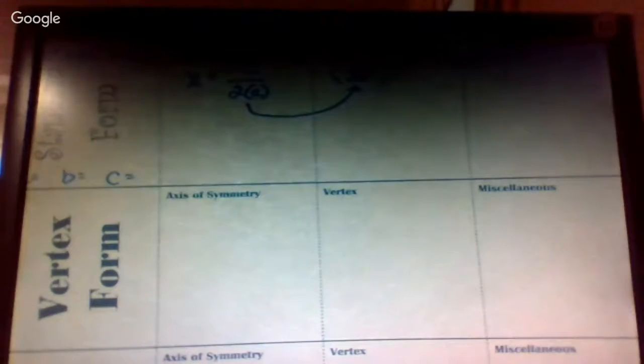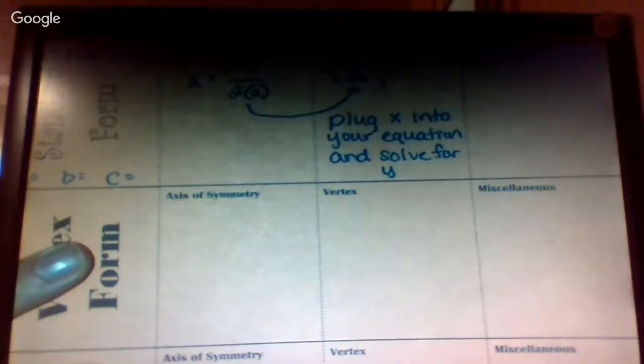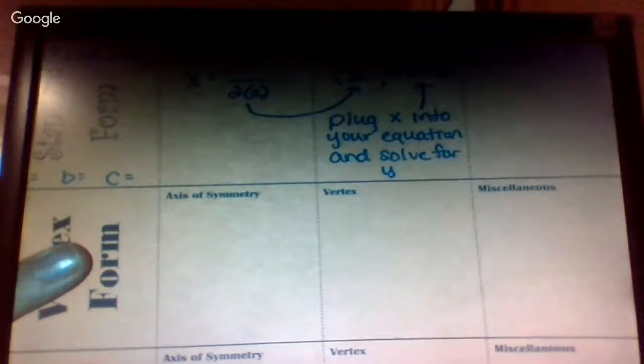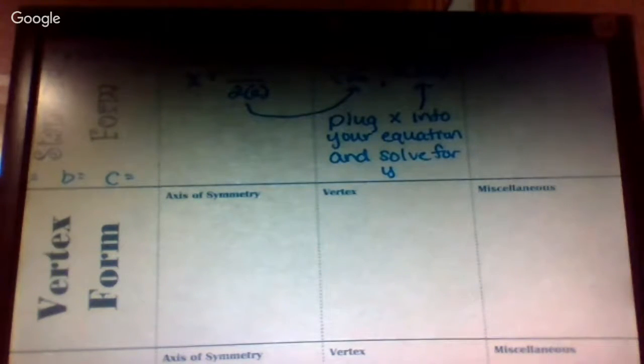Once you get that value, we plug X into your equation and solve for Y. The answer that you get becomes the Y part of your vertex.